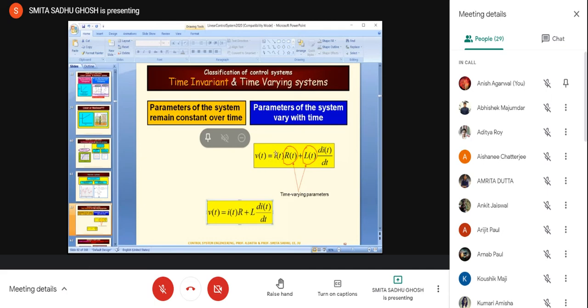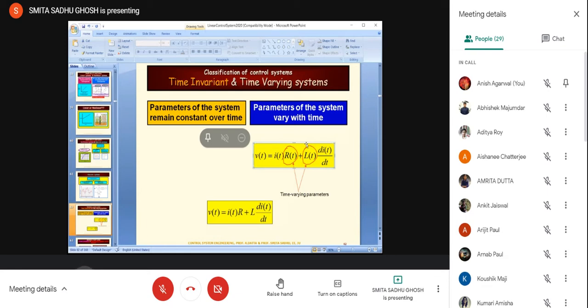On the other hand, in this system, the equation that you see over here, that is v(t) is equal to i(t) R(t) plus L(t) di(t)/dt, apart from the variables being functions of time, that is, i is a function of time as well as v, you find that the parameters, namely the resistance as well as the inductance, are also functions of time, which means that the parameters are time varying, and hence the system itself is time varying.